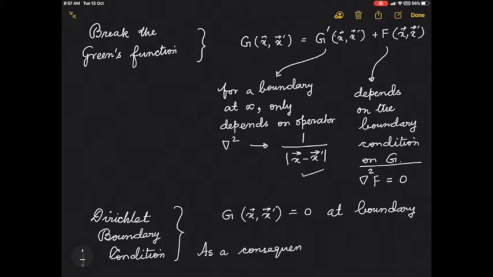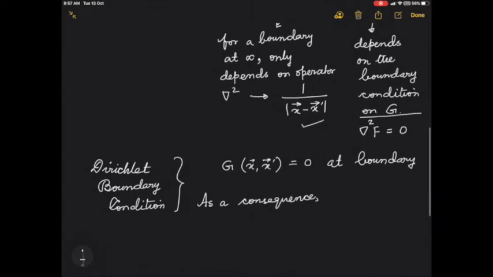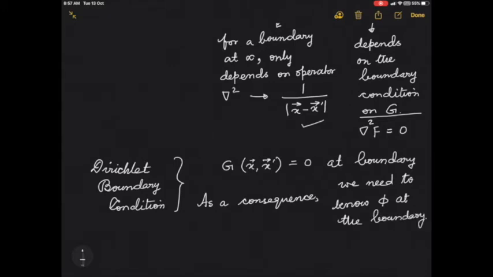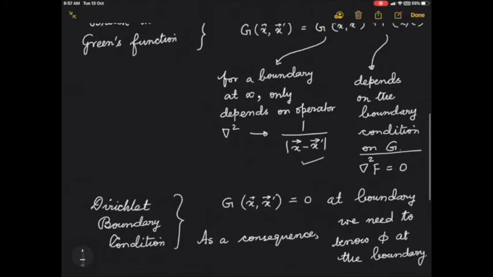So as a consequence, we need to know phi at the boundary. Okay, so that will be enough.